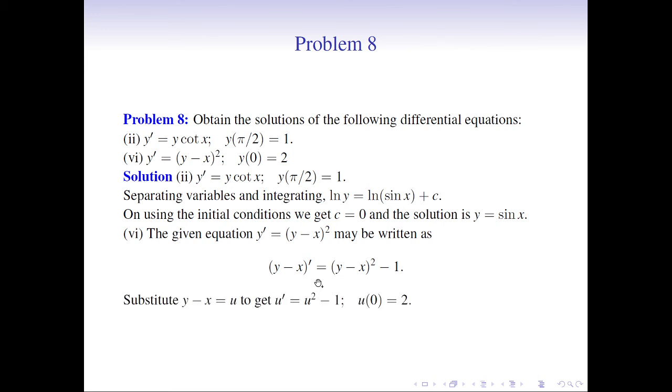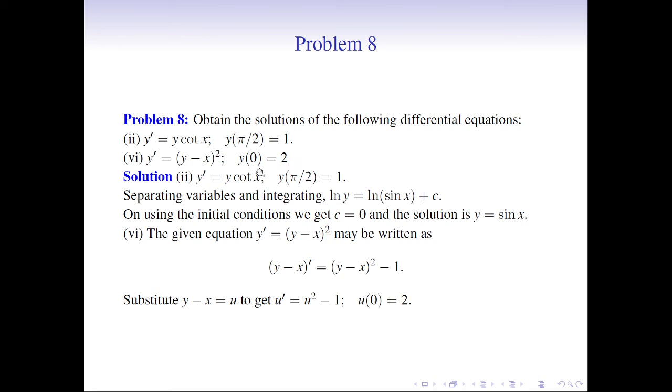Now substitute y minus x to be equal to u. So we are going to solve this differential equation by the method of substitution. We substitute y minus x to be equal to u, and then we convert this differential equation in terms of u, which gives us u prime equal to u square minus 1. And now the condition would change. Here the condition given was y of 0 is equal to 2.